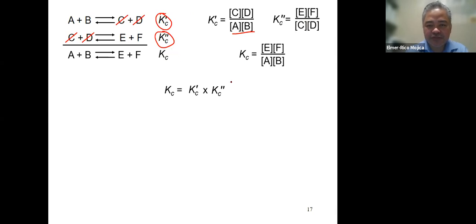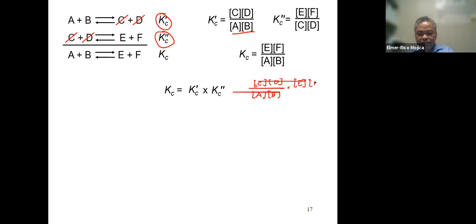Replacing them, we have C times D over A times B, times E times F over C times D, and you just cancel out C times D, giving you the overall equilibrium expression.